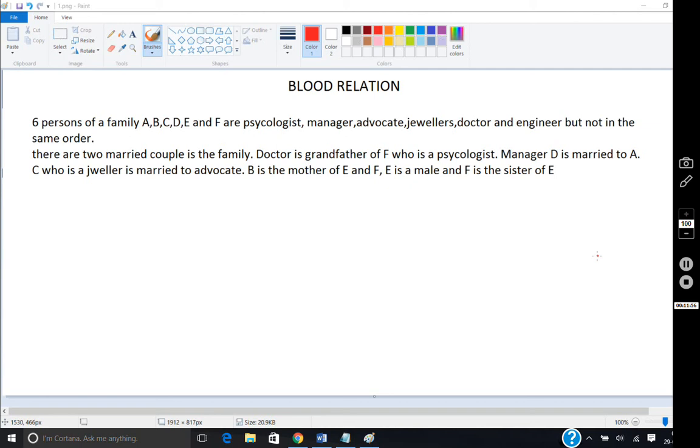There are two married couples in the family. Doctor is grandfather of F, who is a psychologist. Manager D is married to A. C, who is a jeweler, is married to advocate. B is the mother of E and F, and E is a male, and F is the sister of E.